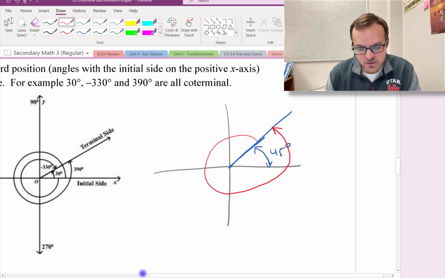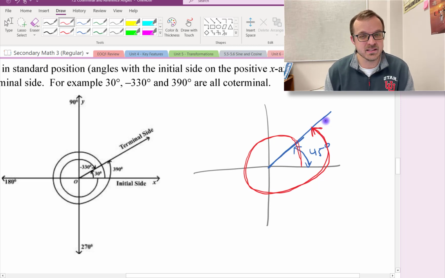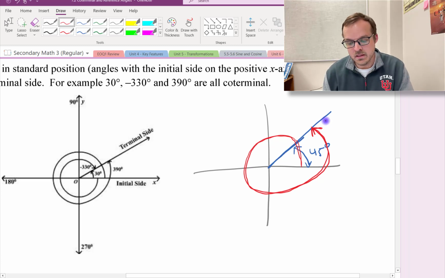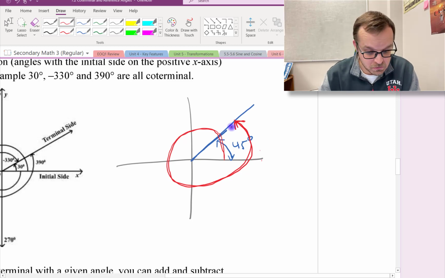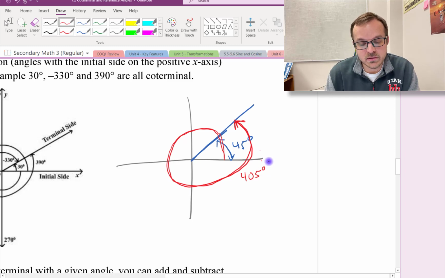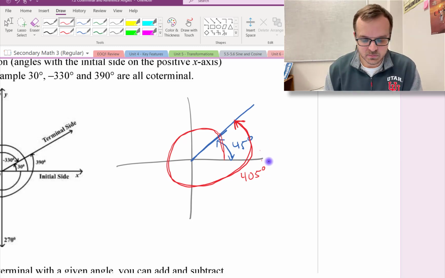Well, where would that be, right? If I went from the x-axis and rotated all the way around until I stopped at that same 45-degree angle, that would have to be 360 plus the extra 45, which is 405 degrees, right? So 405 degrees and 45 degrees are coterminal because they stop at the same spot.